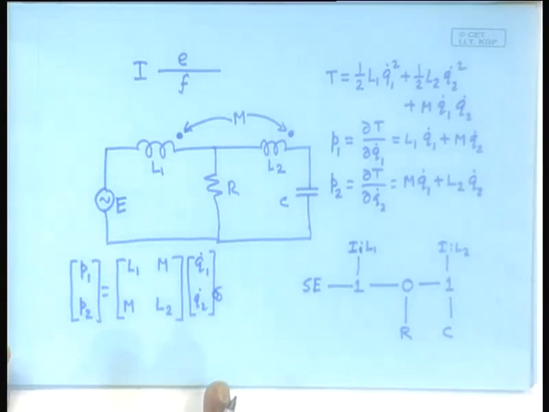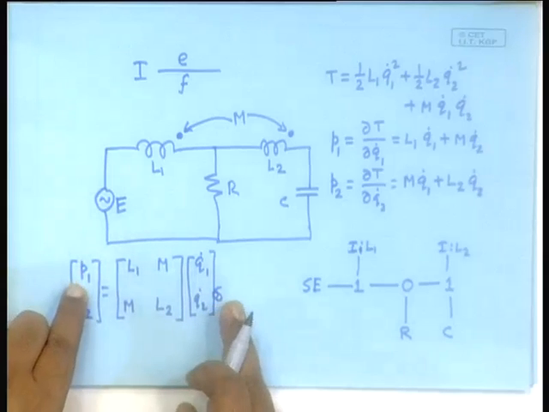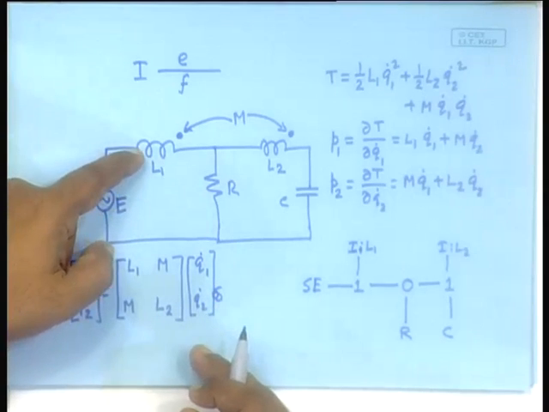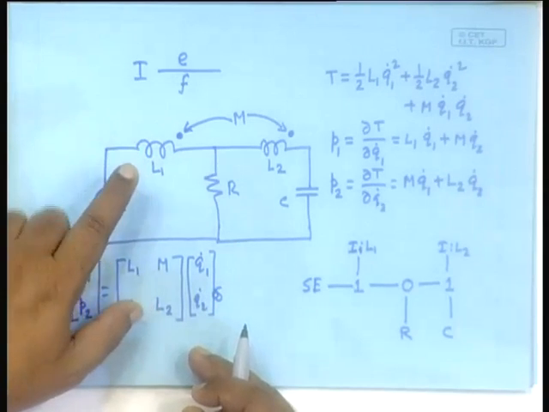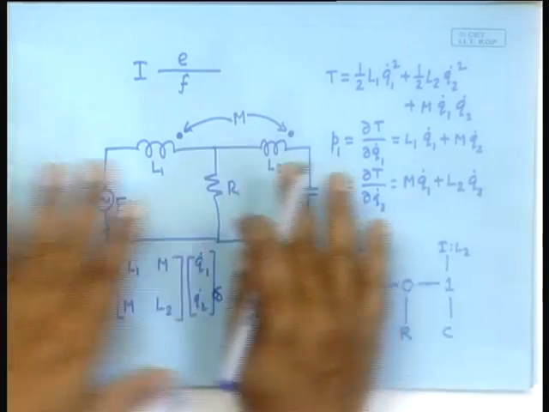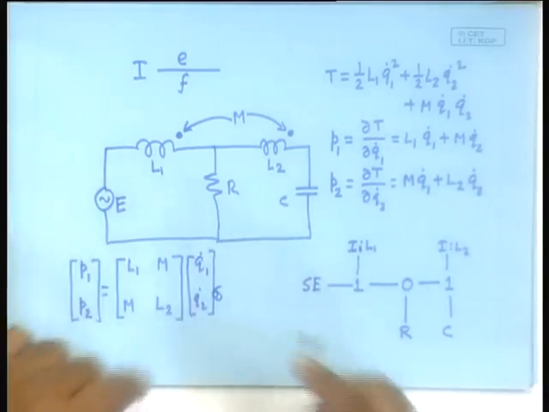If this were not there, and you only consider one inductance, how would you write it?